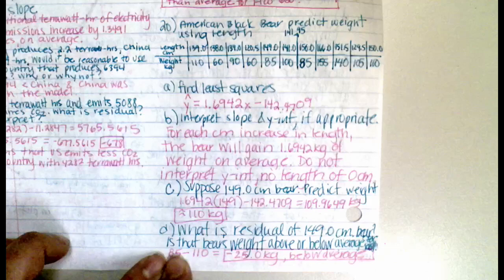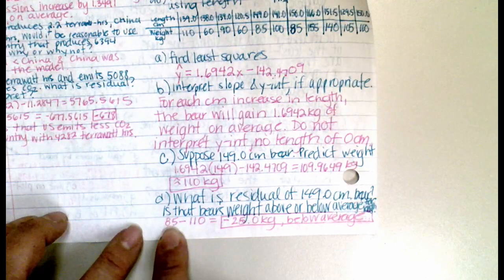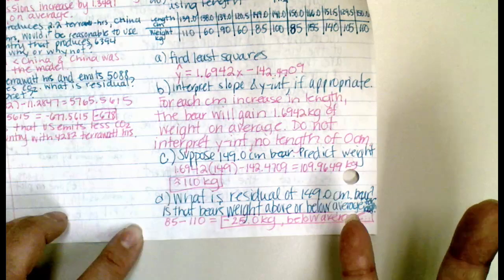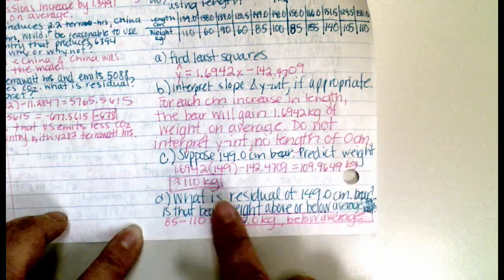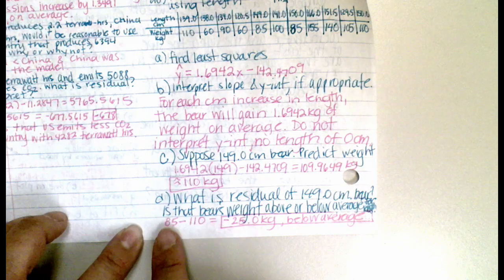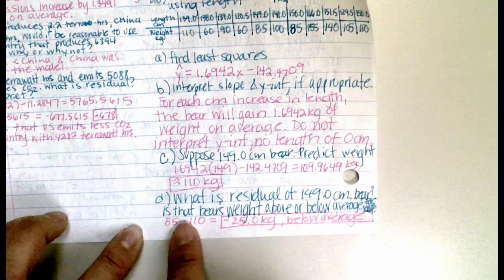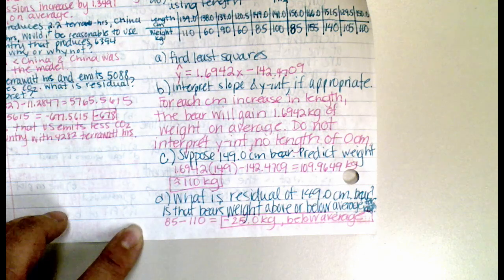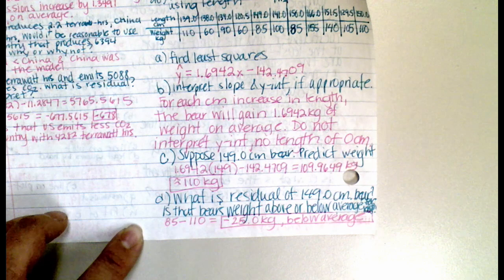So actual is 85. Predicted is what I just got from part C. So when I plug 149 into my equation, I got 110. So actual minus predicted is how we find a residual. So the residual is negative 25 kilograms.